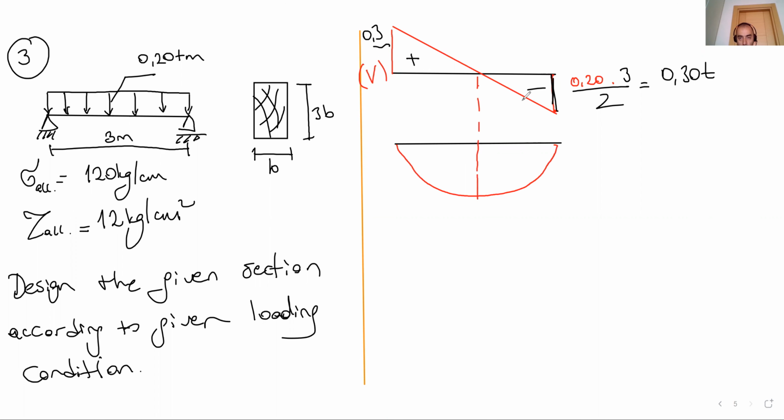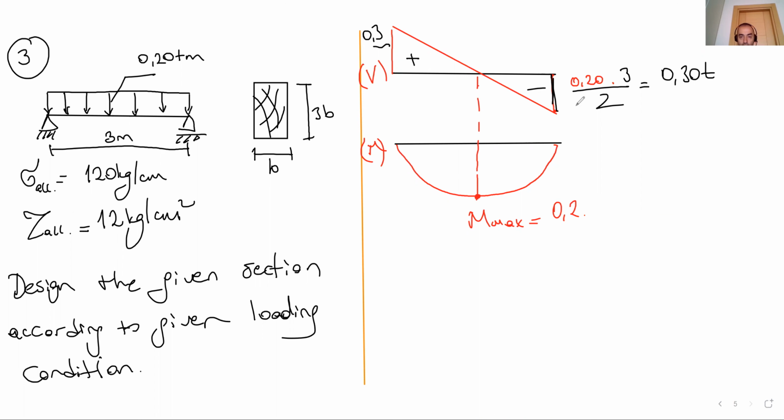When the shear force goes to 0, we're going to have the maximum moment at this portion, the M max. You can calculate it step by step according to how we draw the internal force diagrams.